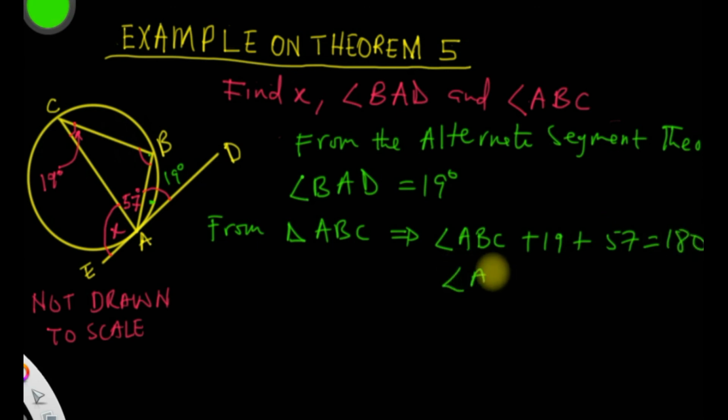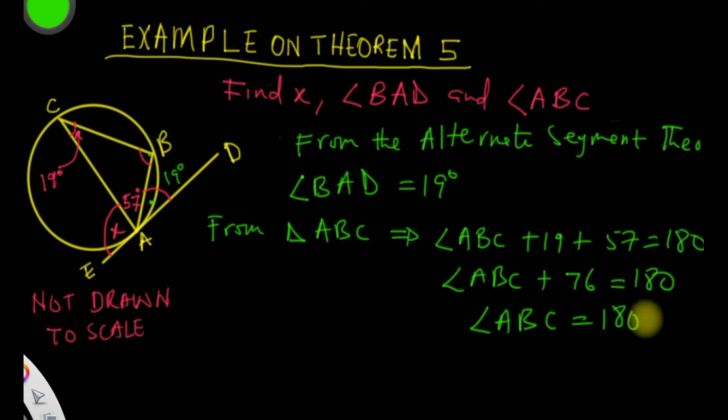So angle ABC plus 76 is equal to 180. So angle ABC is equal to 180 minus 76, which is equal to 104 degrees.